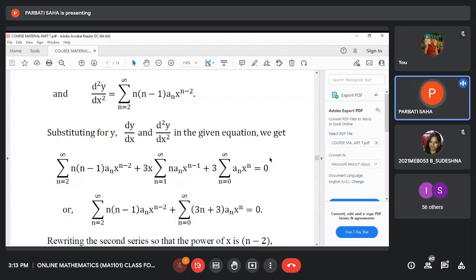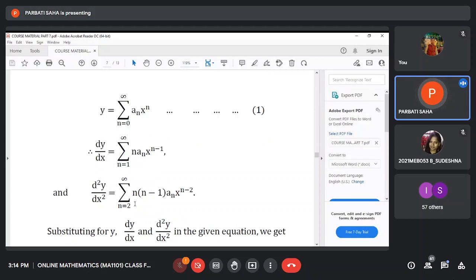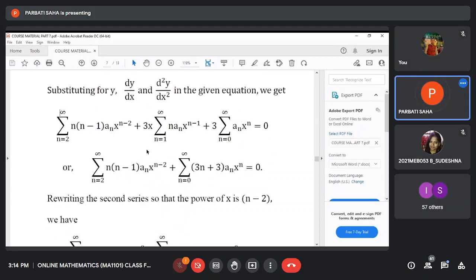Actually, if you put here n equals 1 or 0, then this term will vanish, so n starts from 2 to infinity. And also you see, for dy/dx, n starts from 1 to infinity, and for d2y/dx2, n starts from 2 to infinity, like this.